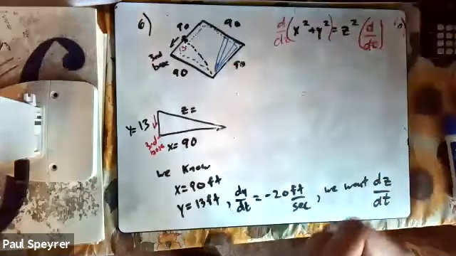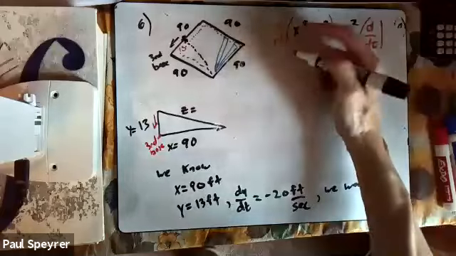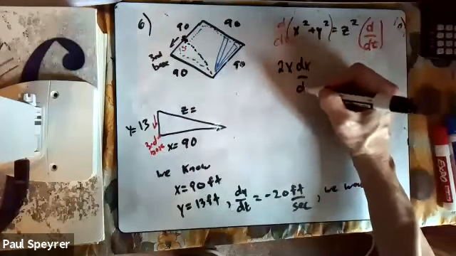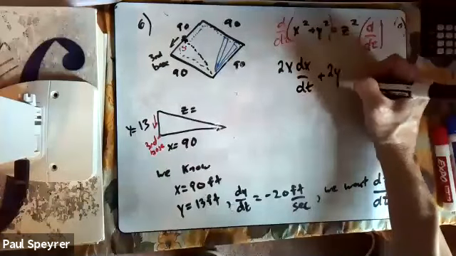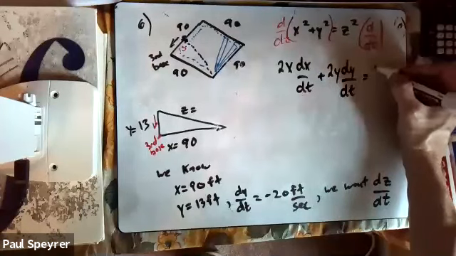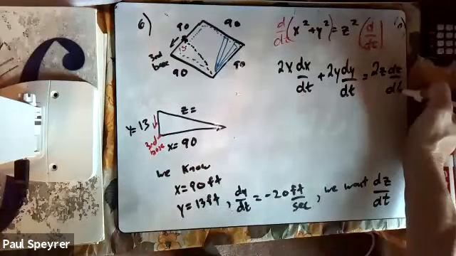And you're going to get the same exact values again. We're going to get 2x dx dt plus 2y dy dt equals 2z dz dt.